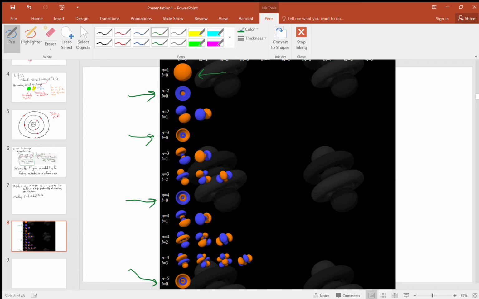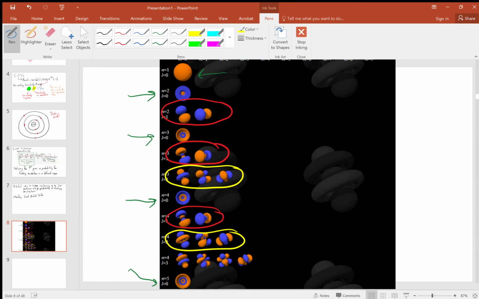I don't really want you to worry about what the different colors mean. That's largely beyond the scope of this class. But you can see that these are starting to get more and more complicated. So this one, those are a little bit more complicated than the first group. These groups of three get even a little bit more complicated.